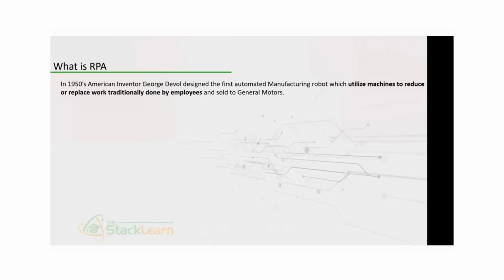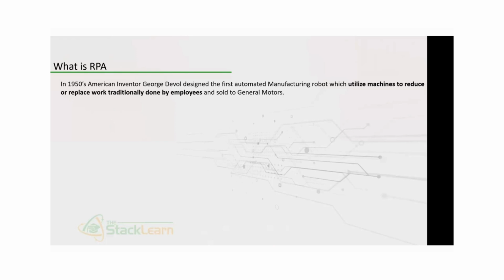Maybe we'll start with the manufacturing robot, which was invented during the 1950s, where they implemented the manufacturing robot. They automated by using physical machines to replace the human workers.